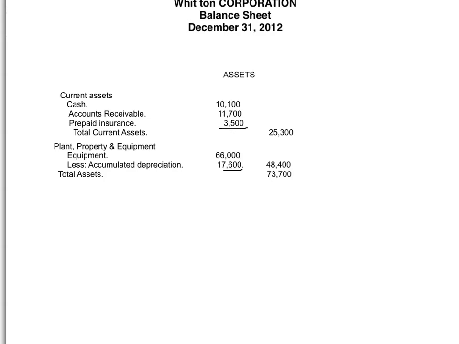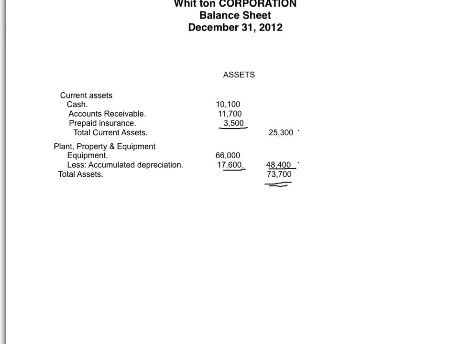So we subtract that. We draw a line, and we carry the total to the outside column. So in the outside column, we have current assets, and we have the property, plant, and equipment. So we total those two, and we get total assets of $73,700. So those are our assets as of December 31st, 2012.